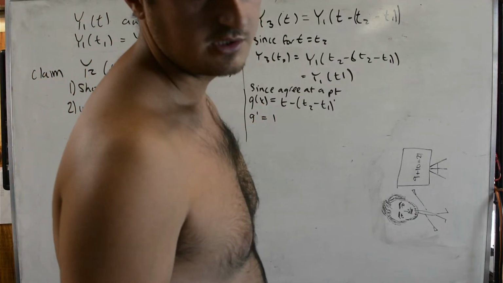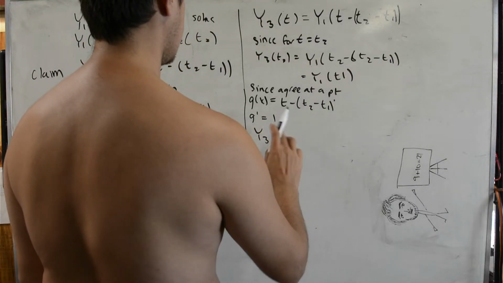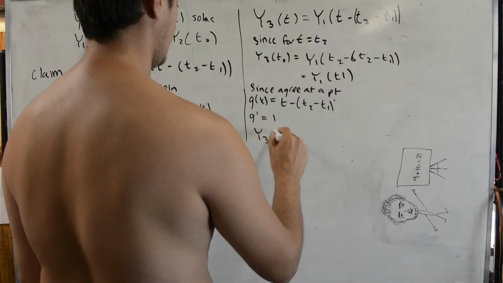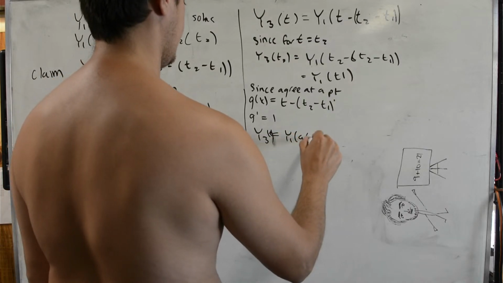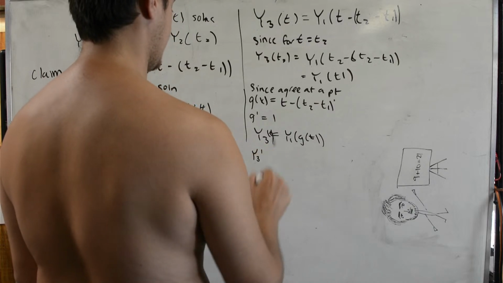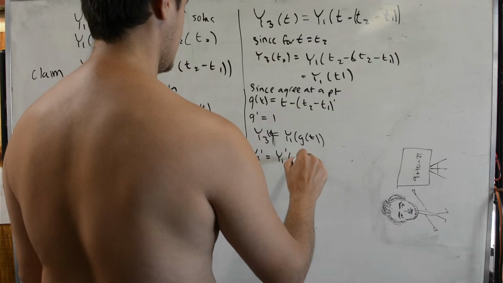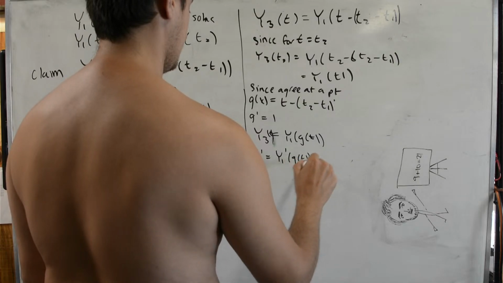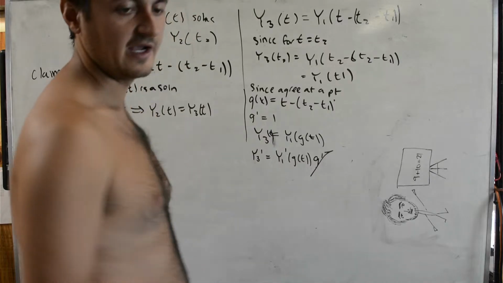So consider that y3 is really equal to y1 of g of t. Then y3 prime is equal to y1 prime of g of t times g prime, but this just goes to 1, so we're good there.